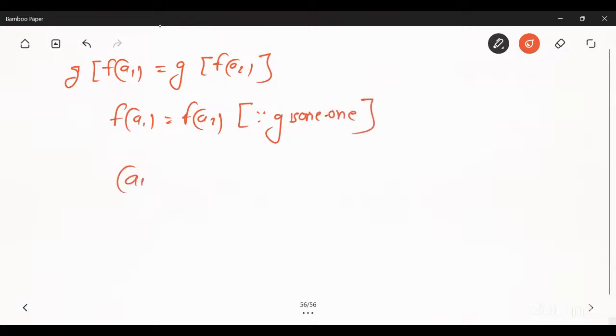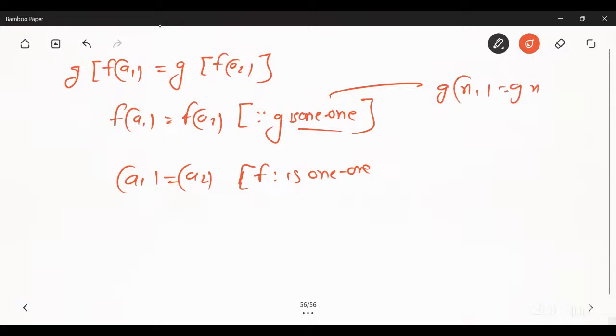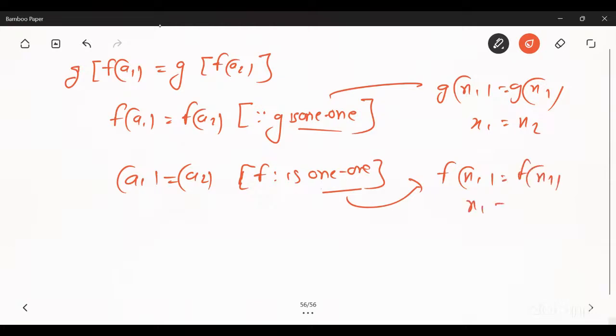and a1 equal to a2 because f is also one-one. What does it mean that g is one-one? g is one-one means g of x1 equal to g of x2, so x1 equal to x2. And what is f is one-one? That if f of x1 equal to f of x2, so x1 equal to x2.